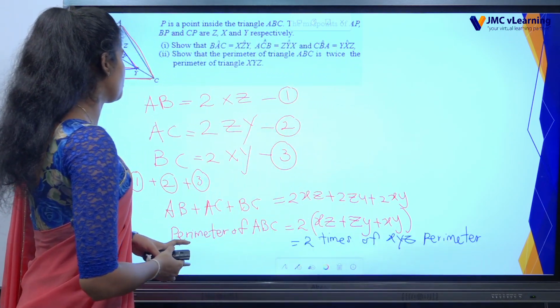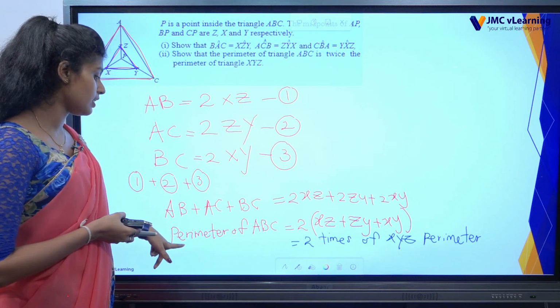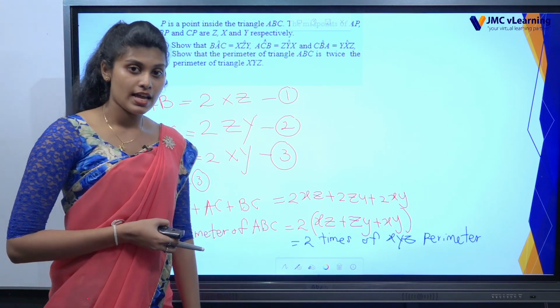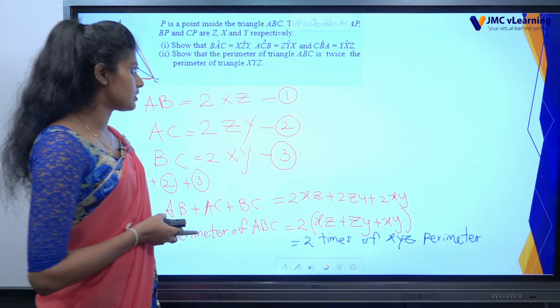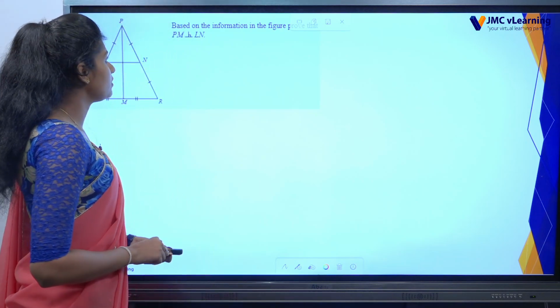So we can prove that now. We have to show that the perimeter of triangle ABC is twice the perimeter of triangle XYZ. That's the way to find this answer. Let's move to another example.